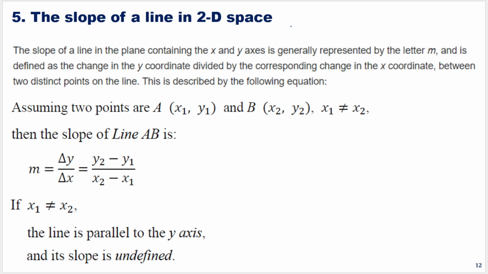So, assuming 2 points are A and B whose coordinates are x1, y1, and x2, y2, then according to the definition, the slope of that line, suppose this is A, this is B, is defined as delta y over delta x.